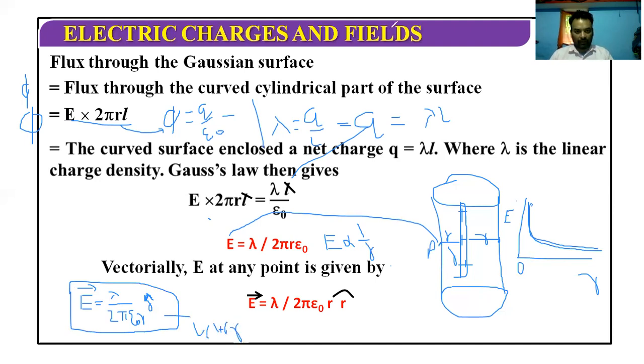So this was the total derivation of the electric field at a point due to a uniform charge distributed over an infinitely long thin rod.